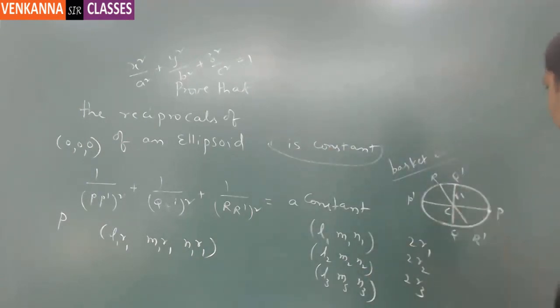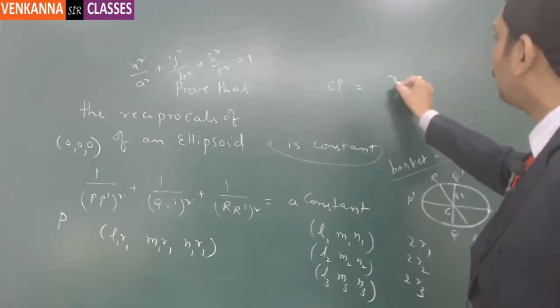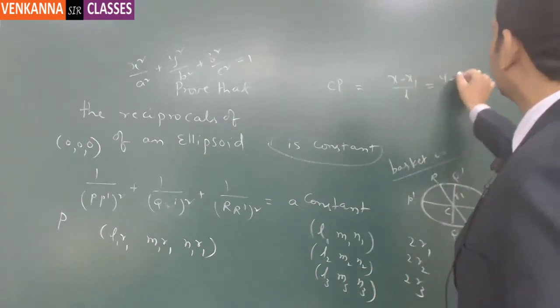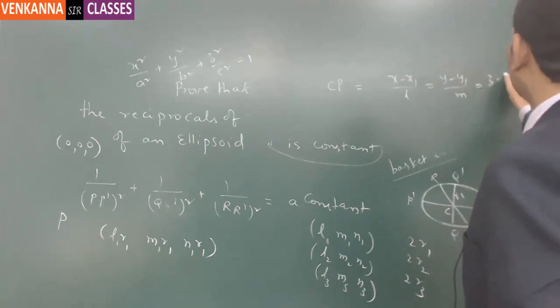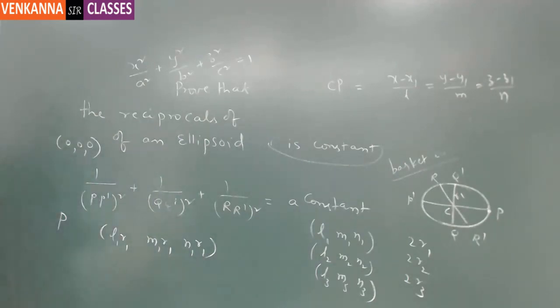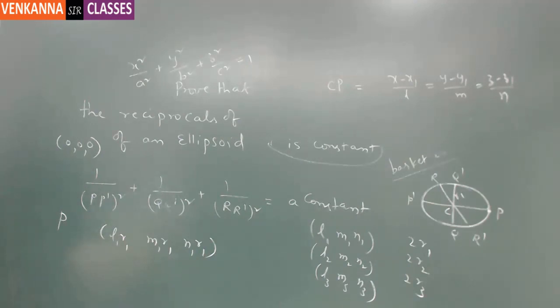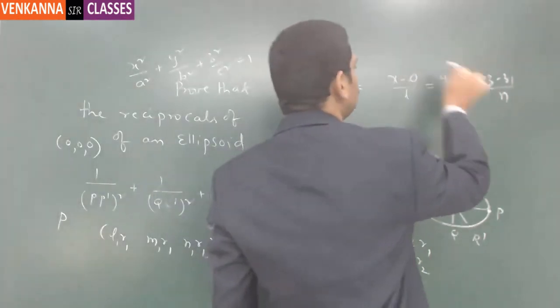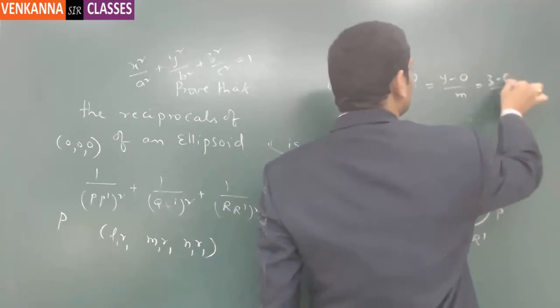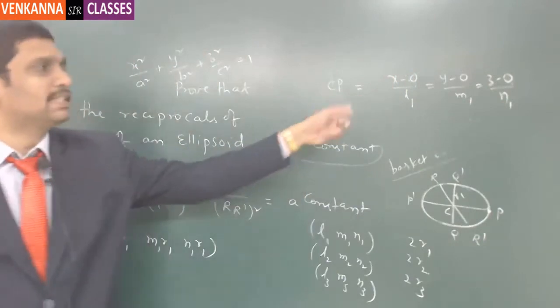Say this is center C, this is the point P. If you want to write the equation of CP, what is the form? The general form, if you want to write the line equation. Here the center is the origin, so this is 0, 0, 0, and L1, M1, N1 are the DCs for the line.